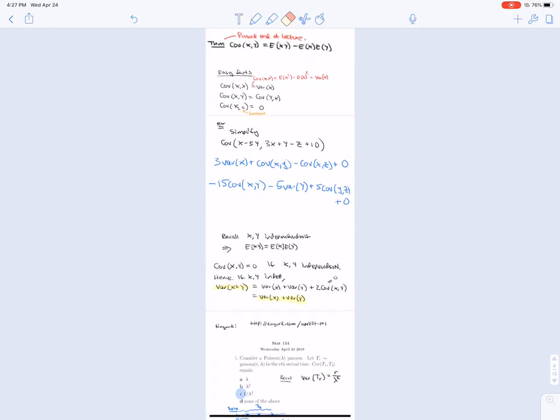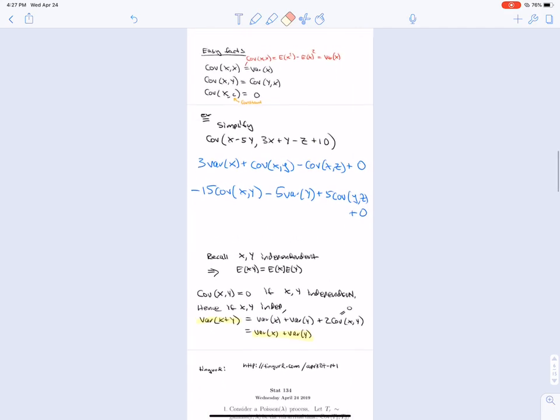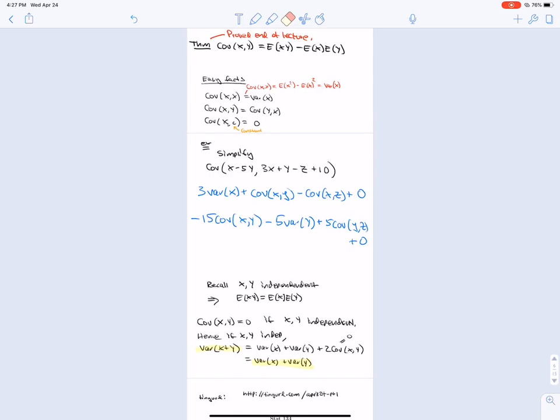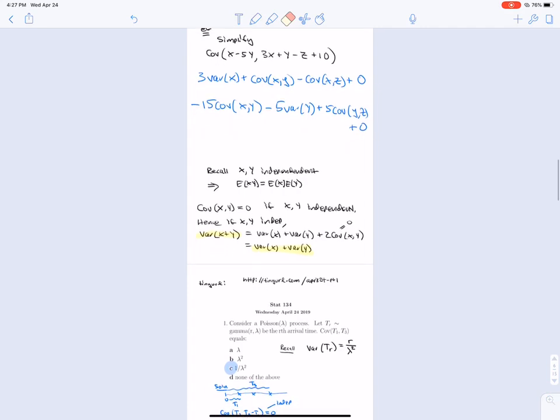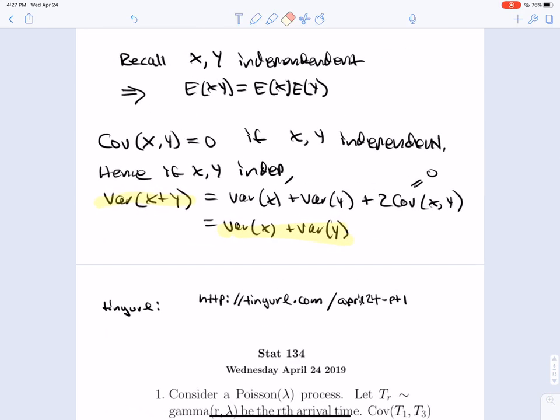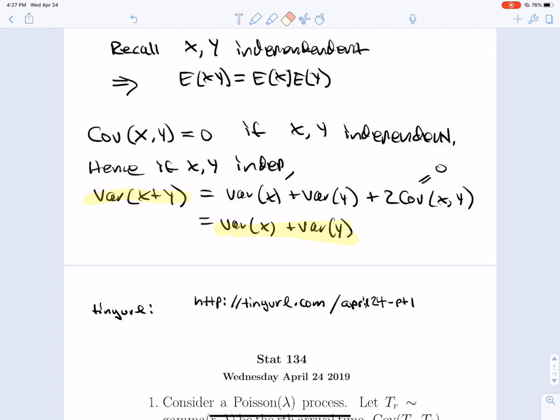Yeah, this theorem here says that the covariance of xy is expectation of xy minus expectation of x expectation of y. So if those two terms are equal, then the covariance of xy is 0. So when x, y are independent, the covariance is 0. So if x and y are independent, the variance of x plus y is the variance of x plus the variance of y, because the covariance term is 0.